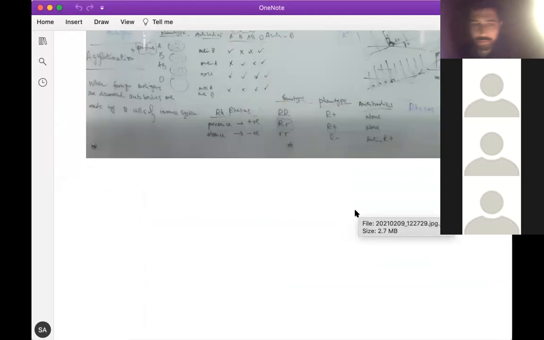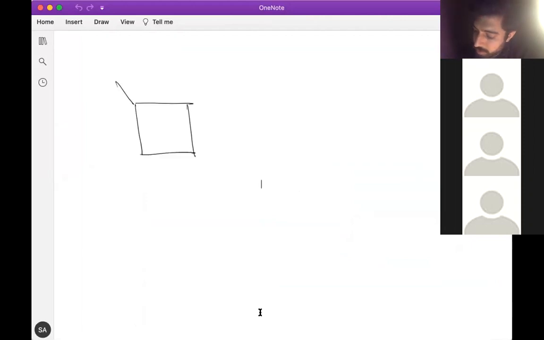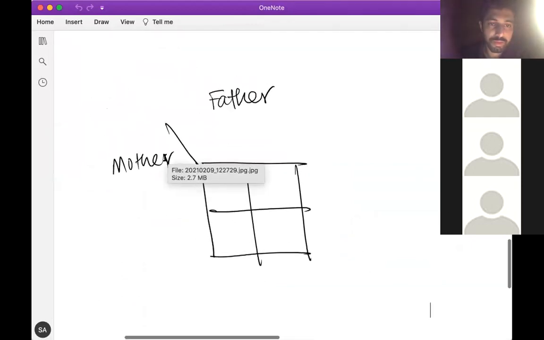So then we move towards a simple example. We built our discussion through this, and we said that assume that we have this example, and if you know your blood group, that would be great. We said that we are going to, let me write this down and zoom this up.